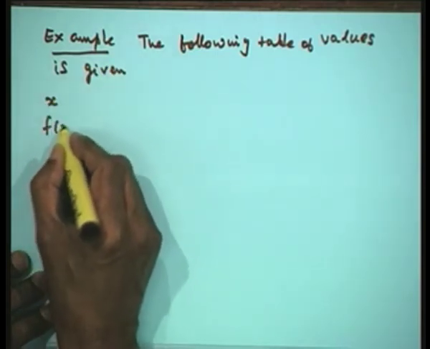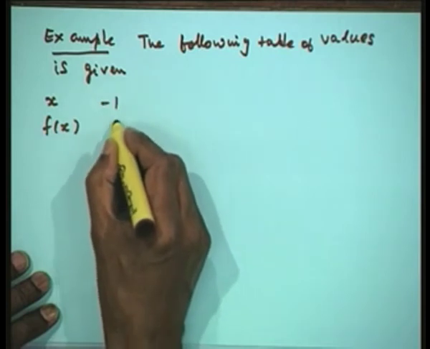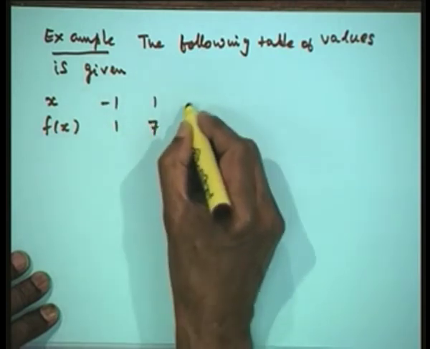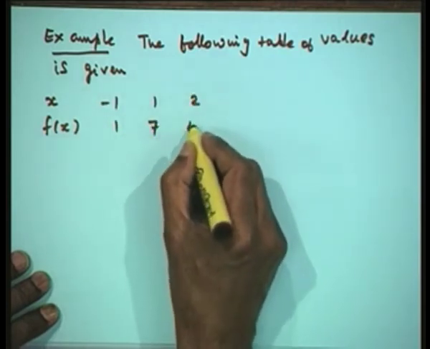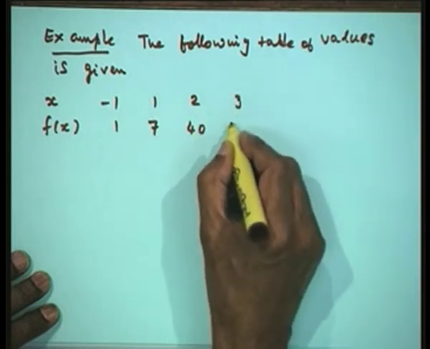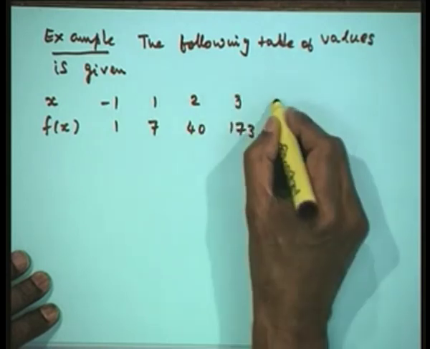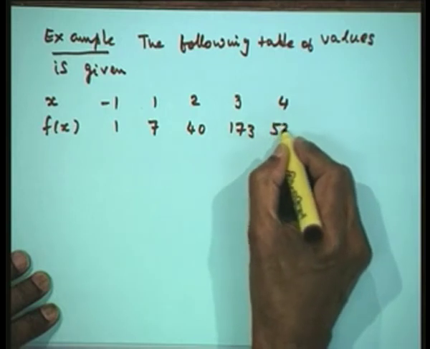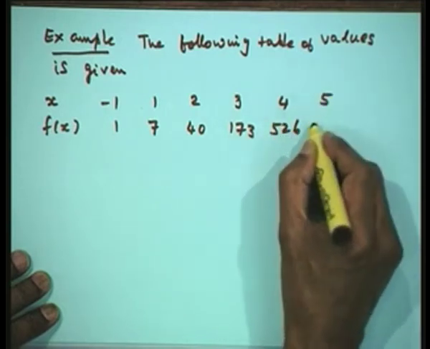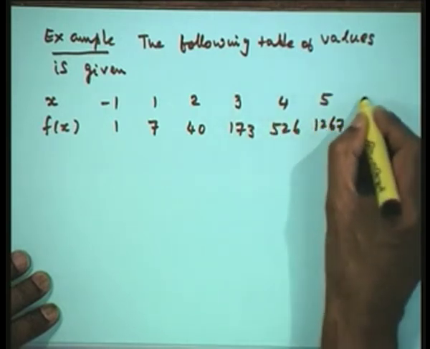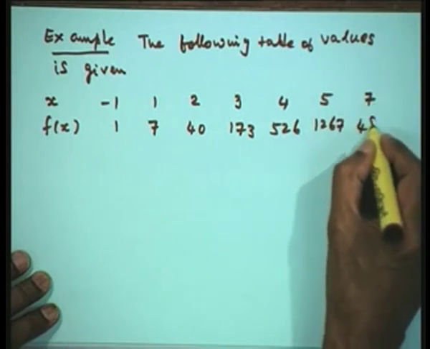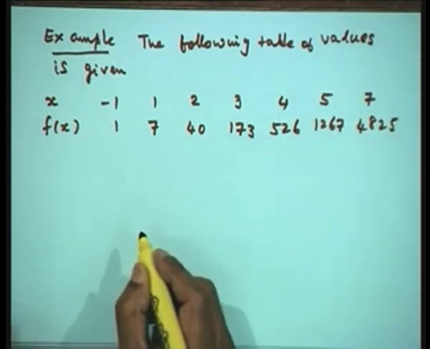X, f(x): minus 1, 1; 1, 17; 2, 40; 3, 173; 4, 526; 5, 1267; 7, 4825.